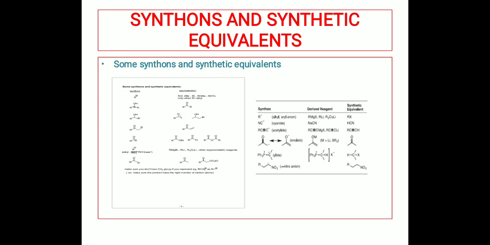One example's synthon is not going to be the same as another example's synthon. So if you note down these synthons and synthetic equivalents, make a chart, and keep going through it, it will definitely be of much use for you to write down any kind of problems relating to retrosynthesis.